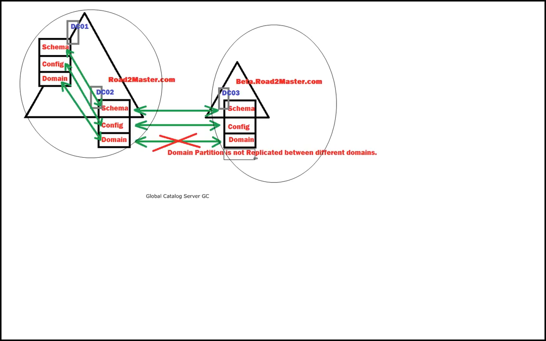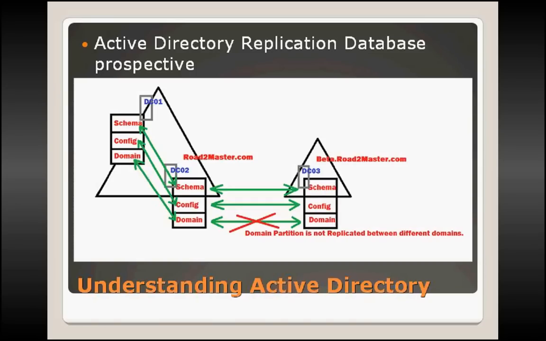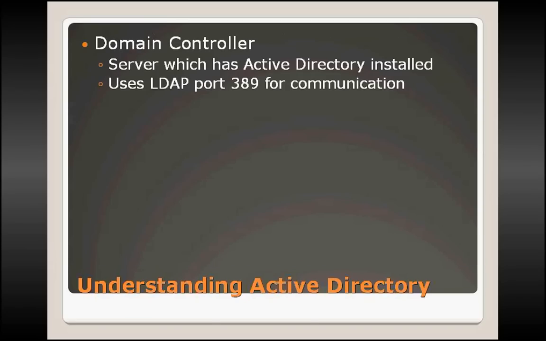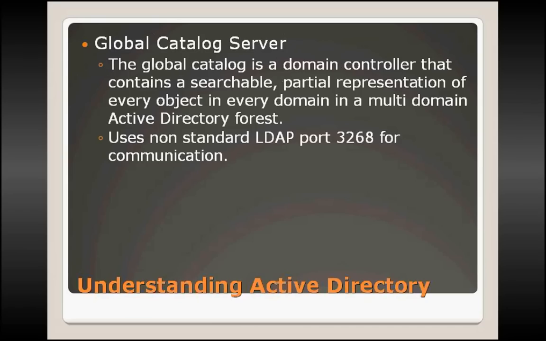Alright, so let's go back to the slides. So this is what we just spoke about. Domain controller, a server which has Active Directory installed, and it uses LDAP port number 389. And global catalog is a domain controller.